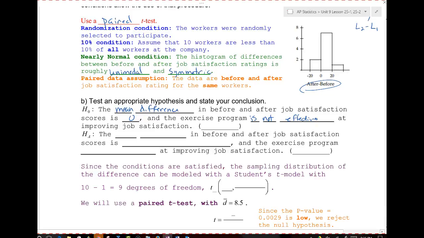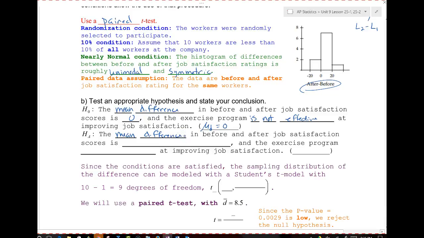at improving job satisfaction. So we're saying with this one, delta naught, you can say delta naught if you wanted to. Delta naught is 0. Or if you want to say our mean of the differences is going to be 0. Also, when we're working with it, the alternative is for the mean differences, and this is really what the company is looking for.